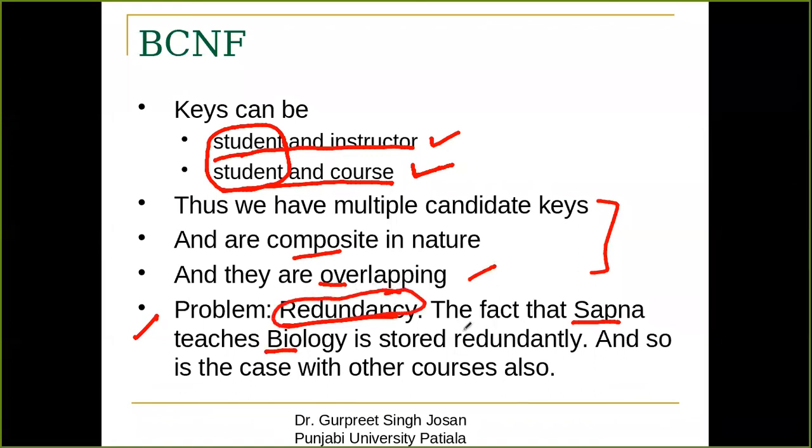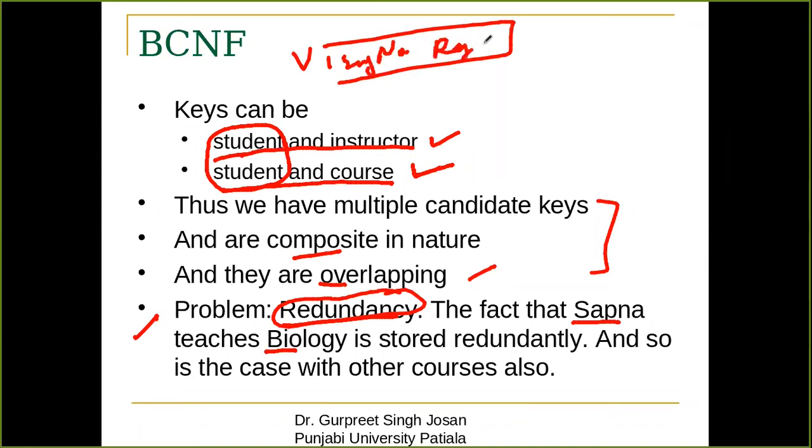That means we have to store the same data again. What does composite in nature mean? Composite means there are at least two or more attributes that combine to make the primary key. So sometimes, for example, if we are talking about a vehicle, for a vehicle we can have attributes like engine number, registration number, color of the vehicle, number of wheels, and so on.